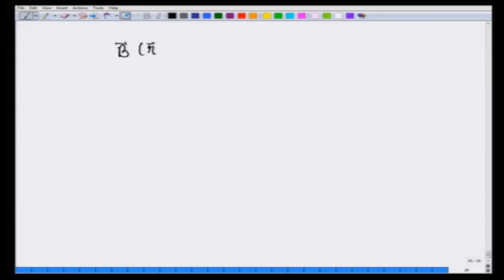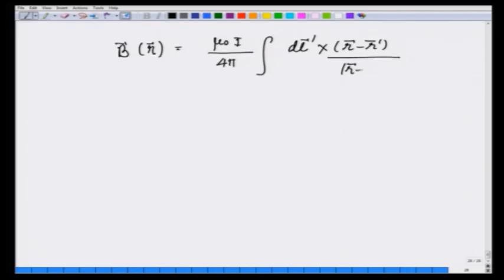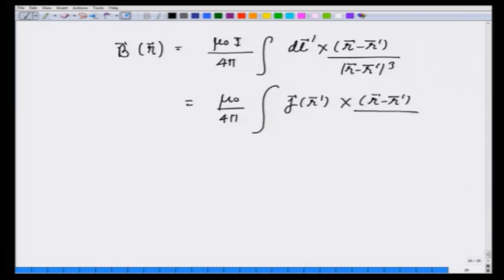B of r, which is mu naught I over 4 pi integration dl prime cross r minus r prime over r minus r prime cubed, as equal to mu naught over 4 pi integration j of r prime cross r minus r prime over r minus r prime cubed dv prime.